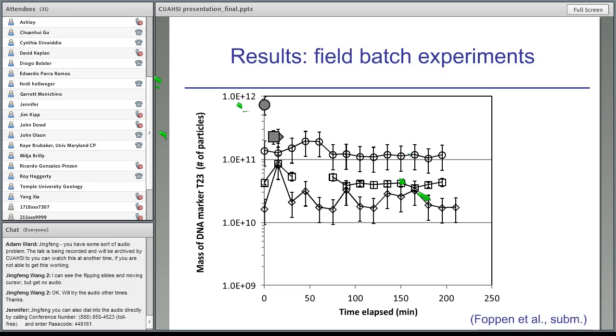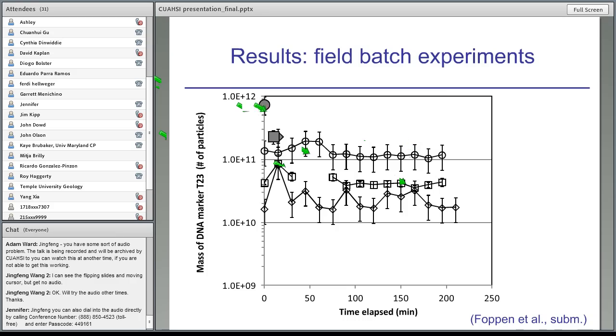From this we observe that first of all, this DNA mass in each of the containers goes up and down just a little bit, but essentially it's more or less constant. So that was quite nice to see.